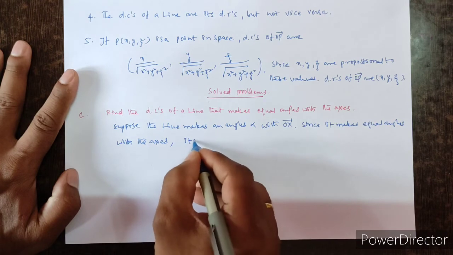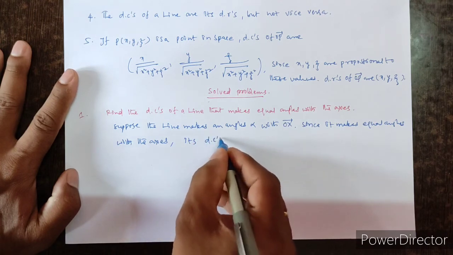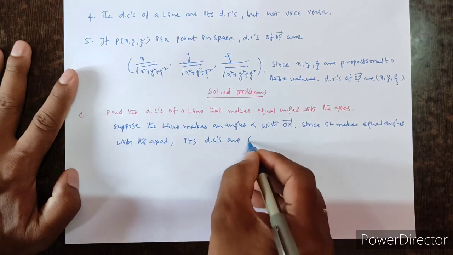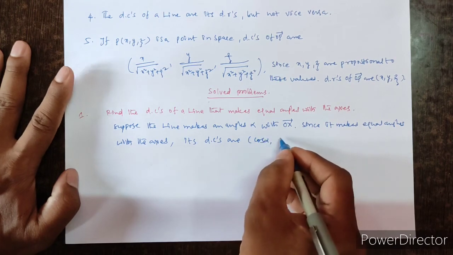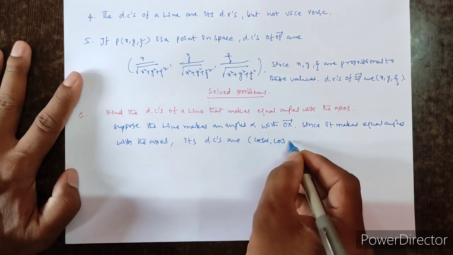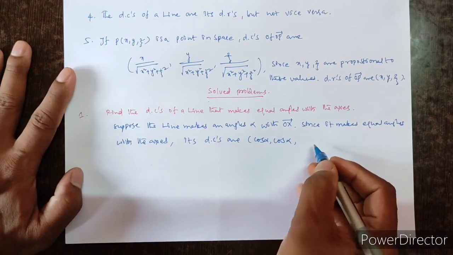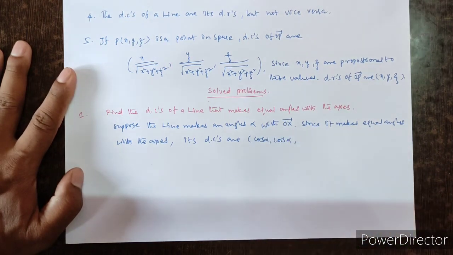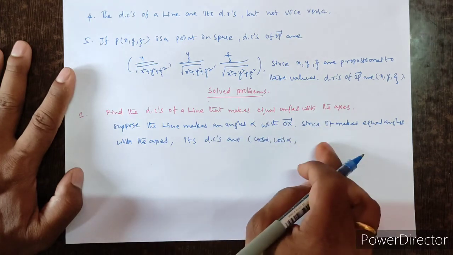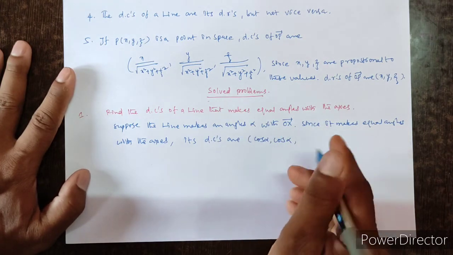its direction cosines are cos alpha, cos alpha, cos alpha, with the same equal angle with all coordinate axes.